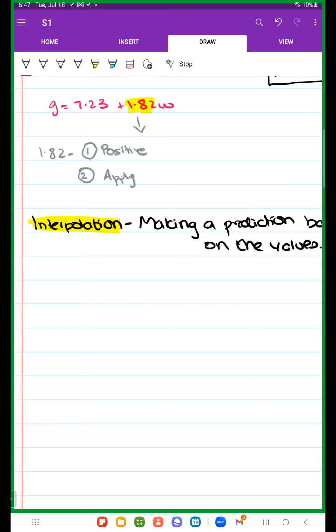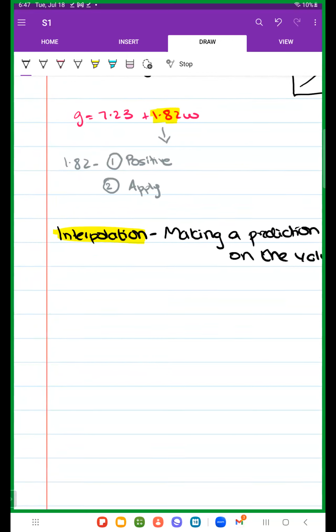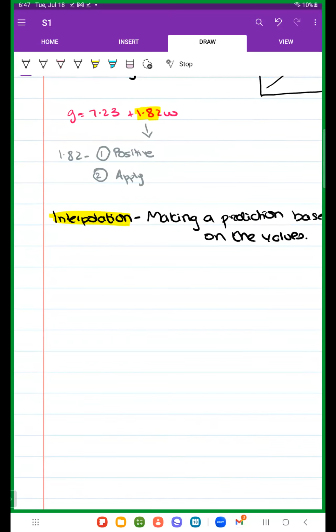Now, in the future, if I make a prediction that it is a strong positive correlation right now, this means that in the future also, if one variable increases, the other will increase. This is called interpolation because I'm making a prediction based on the values I have right now. I'm actually assuming a relationship now, because this relationship can change.